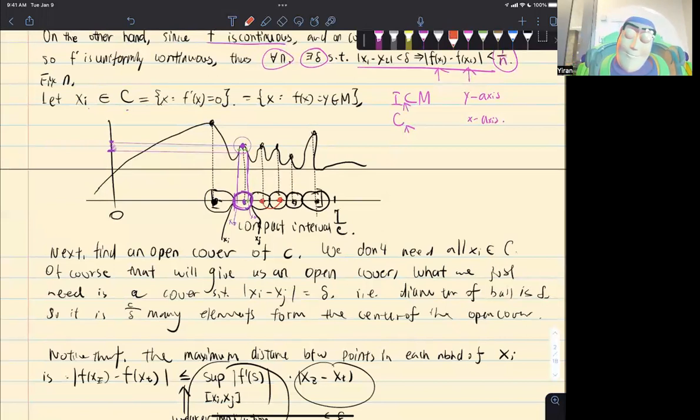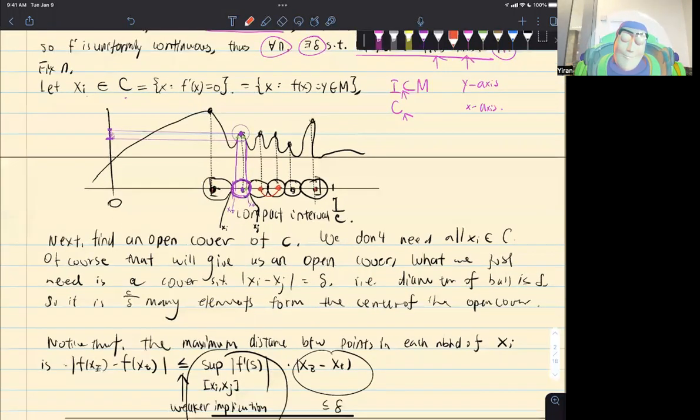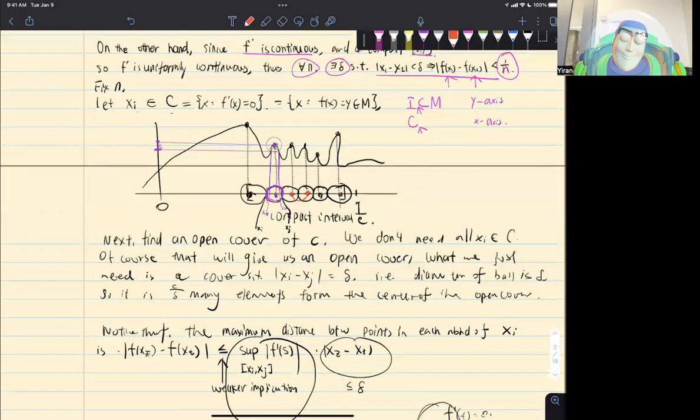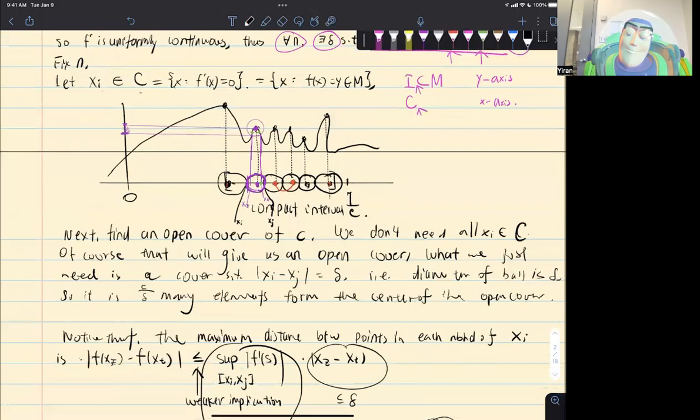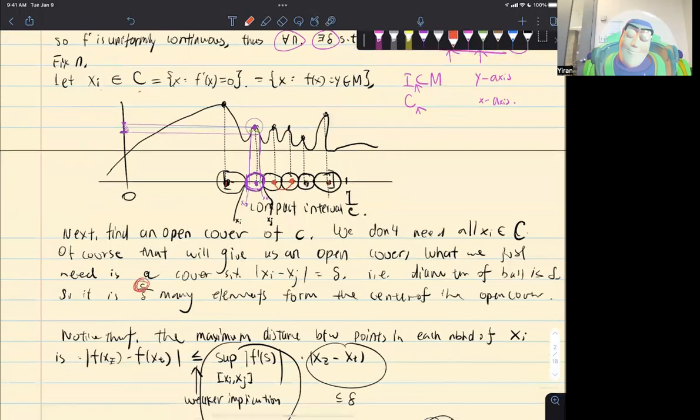Now, what is the whole length? The whole length is c. This c is different from the ci. The capitalized C means the set of points, the set of the centers of our cover. This lowercase c is the length of the interval I.